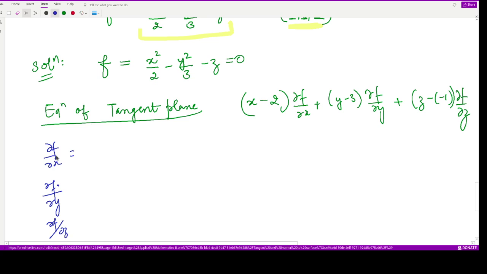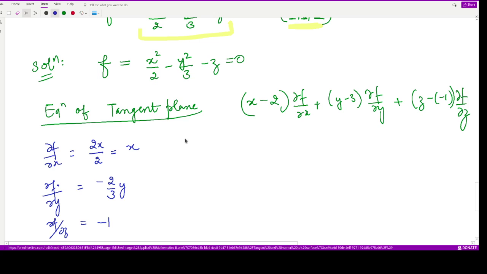So firstly, what is del f by del x? This is equal to 2x divided by 2, so that is equal to x. And what is del f by del y? That is minus 2 upon 3 y. And what is del f by del z? That is equal to minus 1.